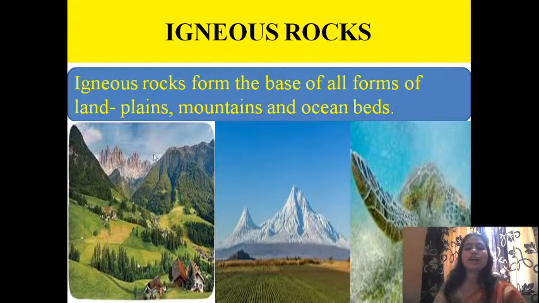These all are landforms, and they are generally based on igneous rocks. Now you can see here the landform where we are living, and see the mountains. This is also a kind of landform, and the sea beds.